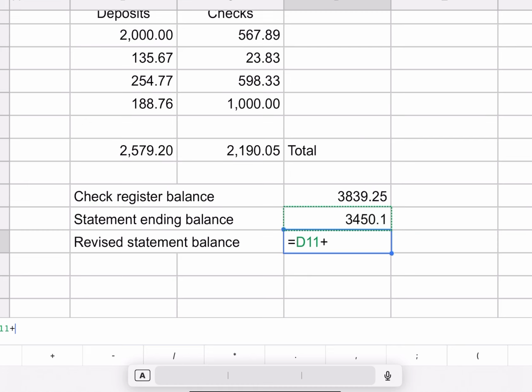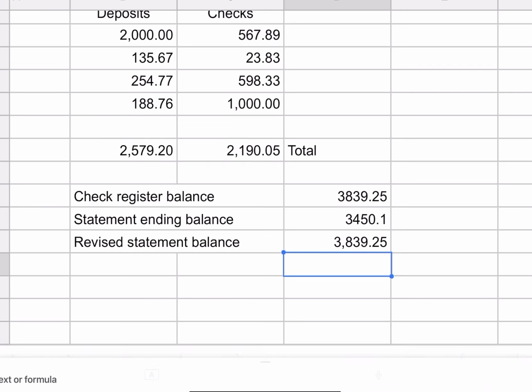So that's going to be $2,579.25 or cell B8. And then we're going to subtract outstanding checks or withdrawals. That's going to be $2,190.05 or cell C8. Okay, and if we do this correctly, that amount should equal the check register balance of $3,839.25. So it does.